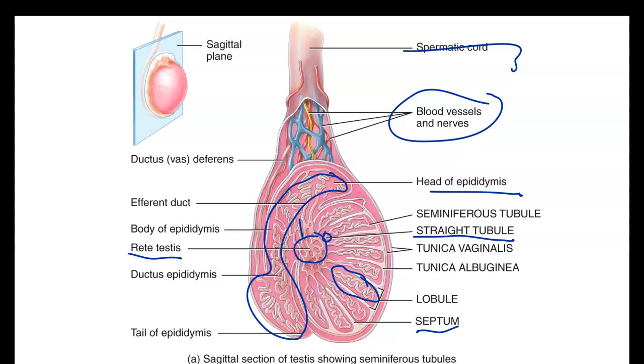And then you're going to have the tail of the epididymis hanging down lower towards the bottom of the scrotum. Once the sperm have matured there and they're ready for ejaculation, then they'll head into the vas deferens, which you see here, and that's going to be this tube that's going to travel up out through the spermatic cord and make its way to the outer portion of the body as it's mixing in with the different fluids from the different glands it passes.